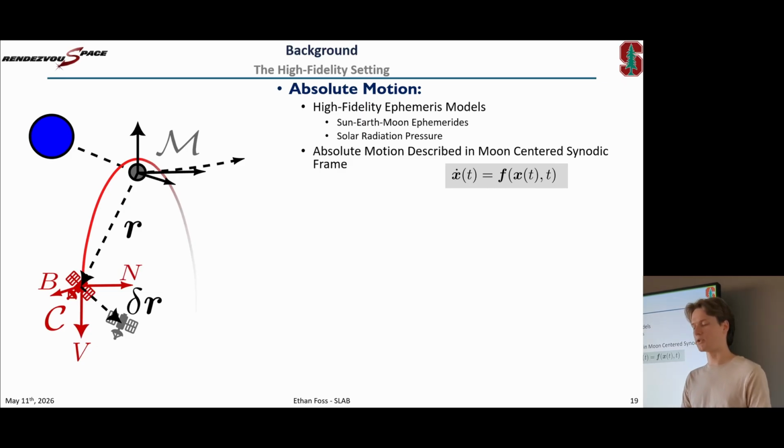So in that sense, I'm just going to quickly introduce how we characterize absolute motion in these high-fidelity models. Basically, what this consists of are n-body dynamical models, including Sun, Earth, and Moon gravitational forces, and these forces are generated from an ephemeris.